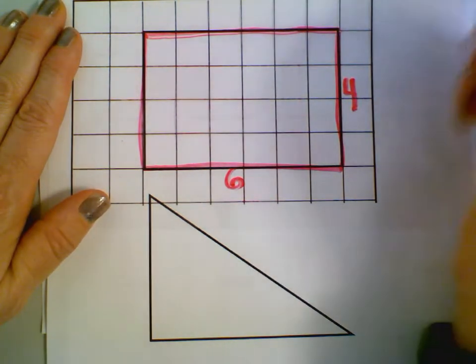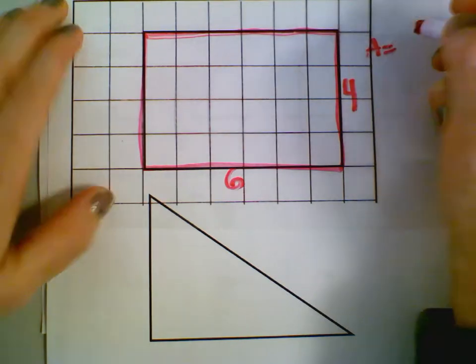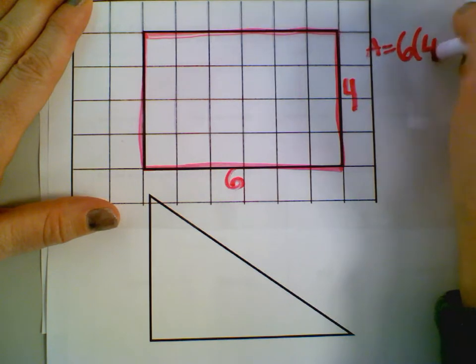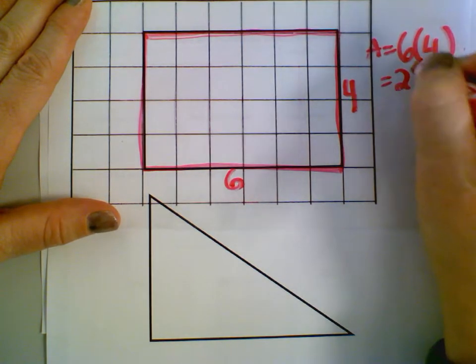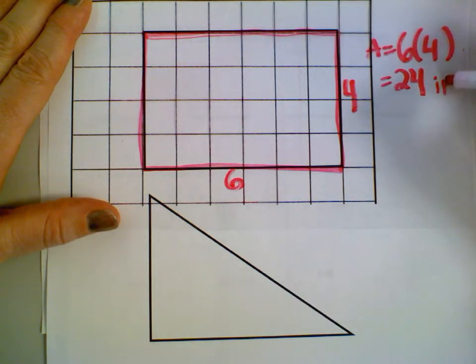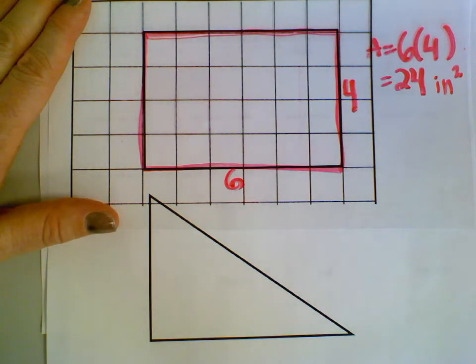So we know that this area is going to be 6 times 4, 24. So there's 24 little square inches. And the little abbreviation for square inches happens to be inches squared.